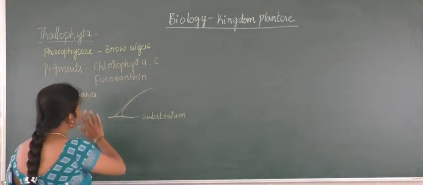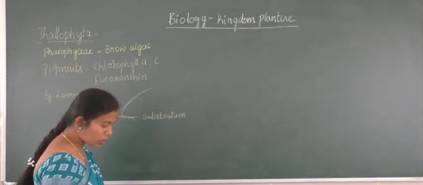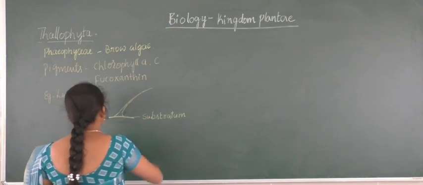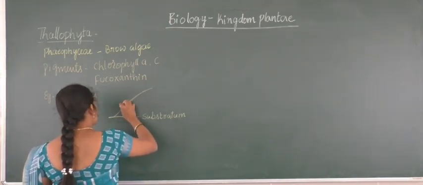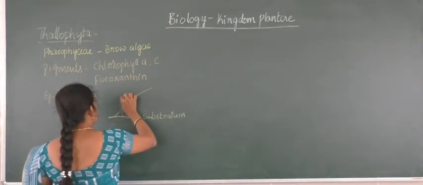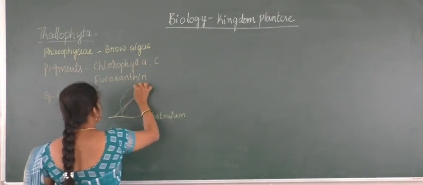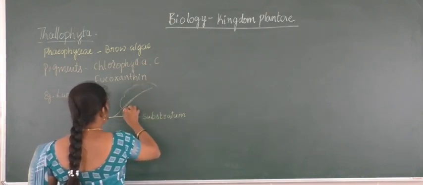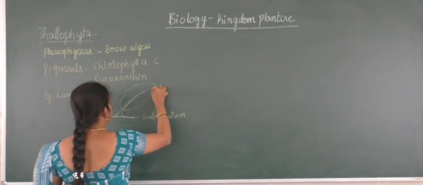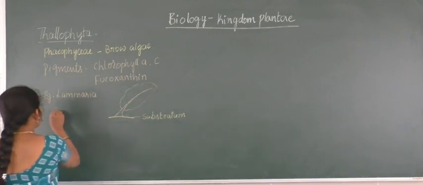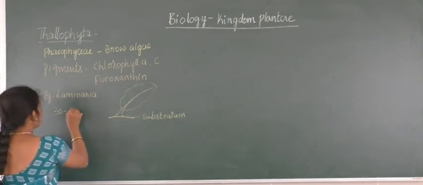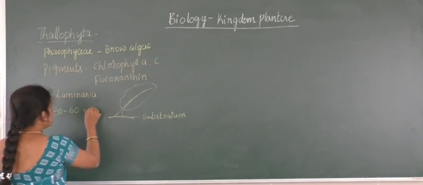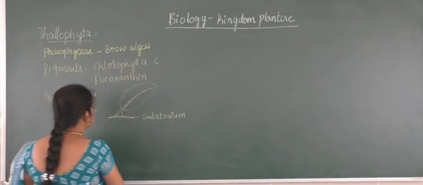In this group only we can find the presence of the lengthiest algae, where it consists of leaf-like structure. And in this group only we can find the organisms which grow up to 30 to 60 meters. We'll take examples later.